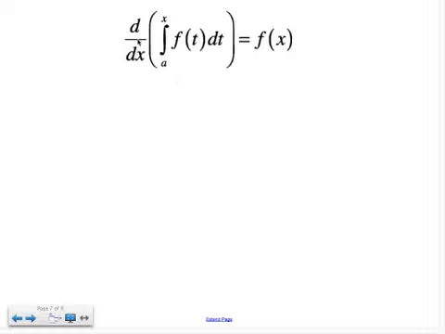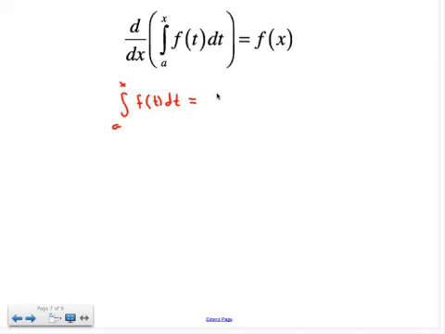So how do I undo a derivative? Well, if I undo a derivative on the left side, I'll be left with the integral from a to x of f of t dt, which is an expression I don't really know how to evaluate very easily. Now, if I undo a derivative on the left, I have to undo it on the right, and that process is called taking an antiderivative.